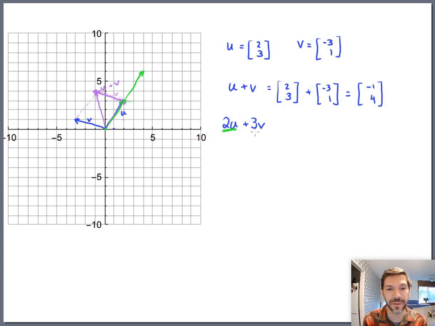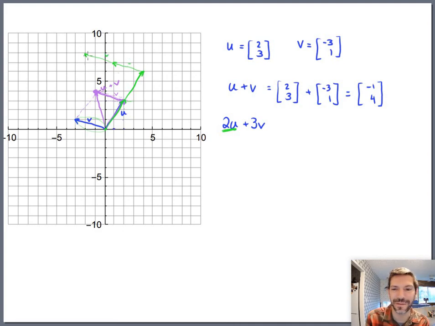And now we're adding 3 v's onto that. So v takes you back 3 and up 1. There's 1 v. Second v would take you back 3 and up 1, so there's a second v. And so we're going v, v.